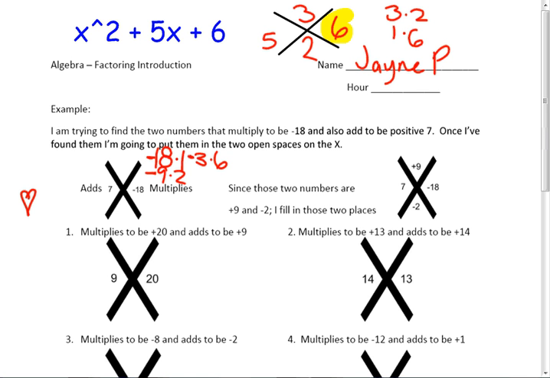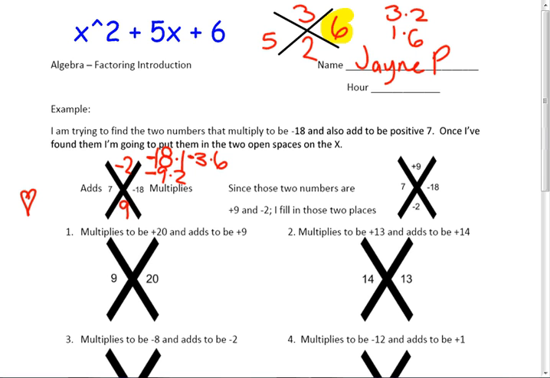Negative 2 and a positive 9. That's it. Because a negative 9 and a positive 2 does not add to give me a positive 7. So it works. The negatives are the tough ones.